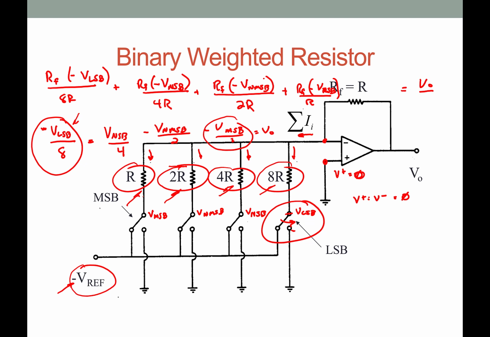Obviously, you could use potentiometers or variable resistors to help you with that, but it's very sensitive to all of these, especially as you start getting resistor values that are being divided by a higher and higher number. That's going to get you out of the ordinary operation of the op-amp if you're not careful. But anyways, the process is very simple, and that's how the digital to analog converter works.